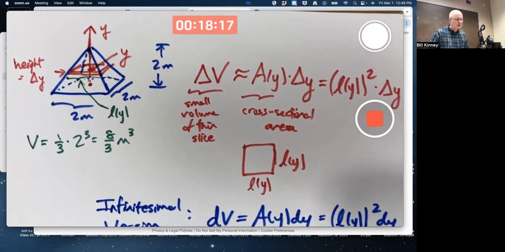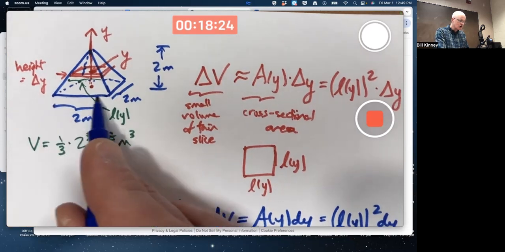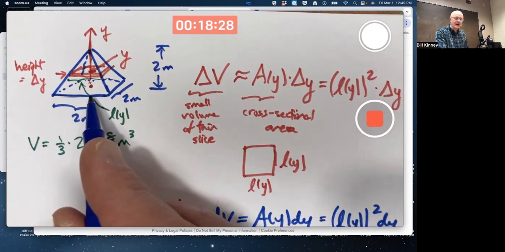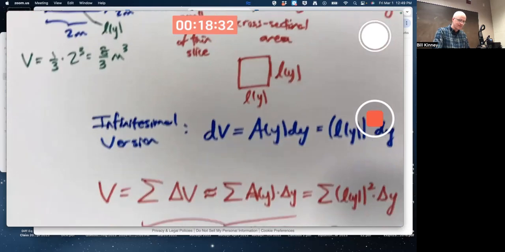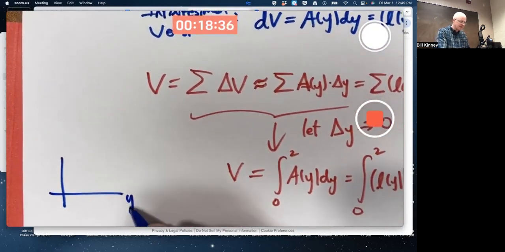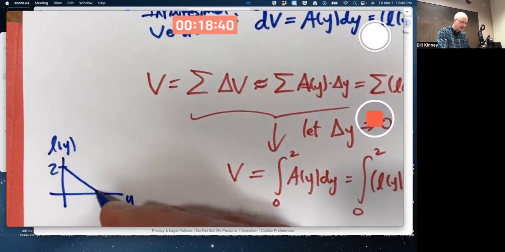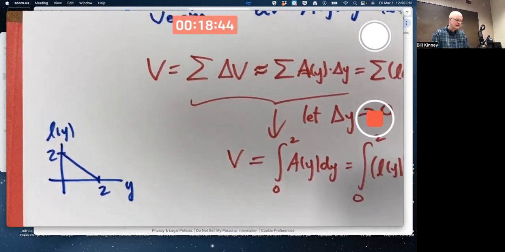I hope it seems intuitive that it should be a linear function of y that equals 2 when y is 0 and 0 when y is 2. L of y should have a graph that goes from 2 down to 0 as y goes from 0 to 2.